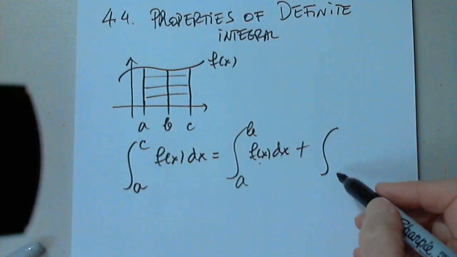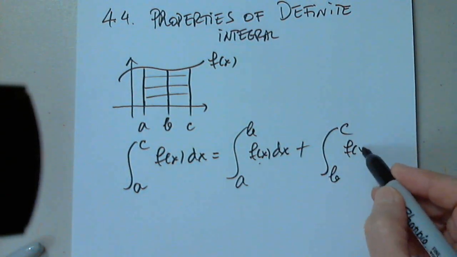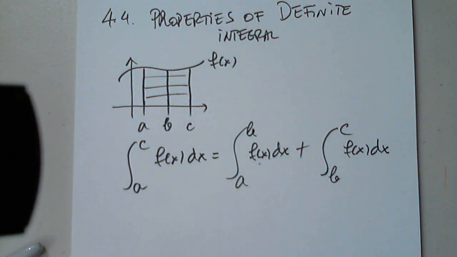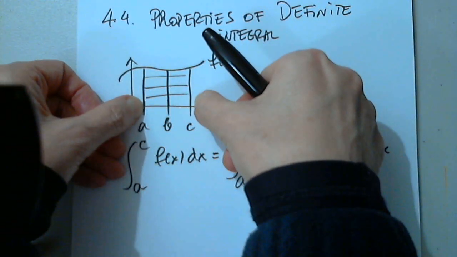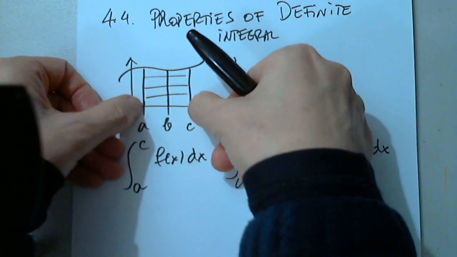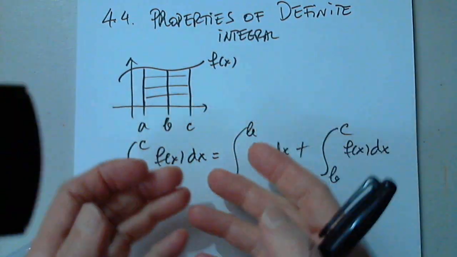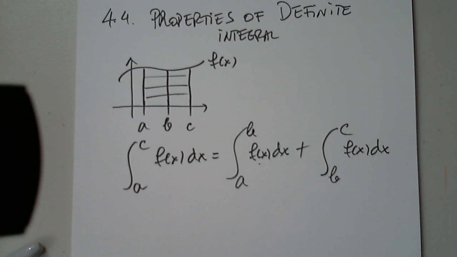Plus the integral from b to c of f of x dx. Is this clear? Is this property okay? And yes, this is exactly what we just used. We determine this area, and we subtract it from this to get this. It's the same property we used.